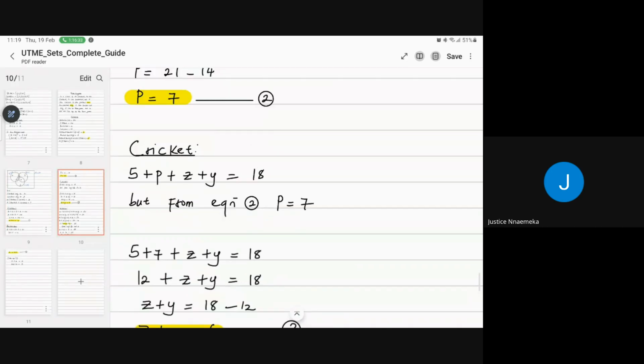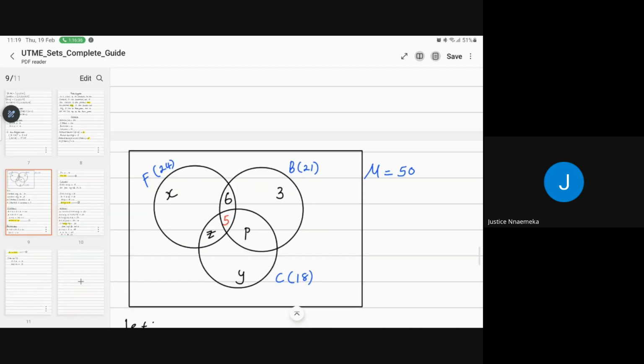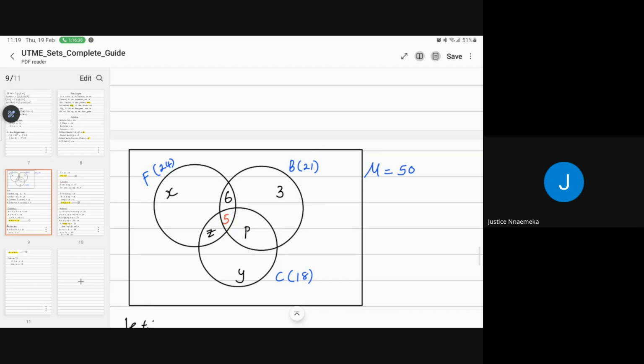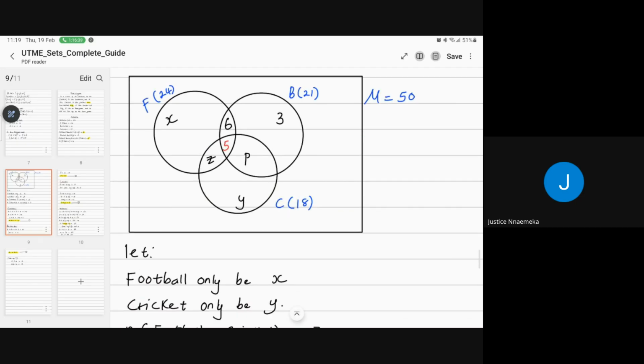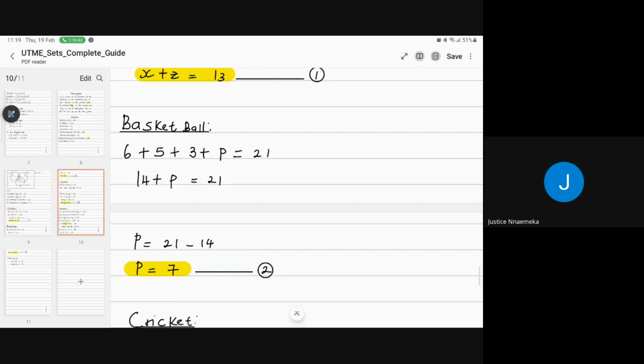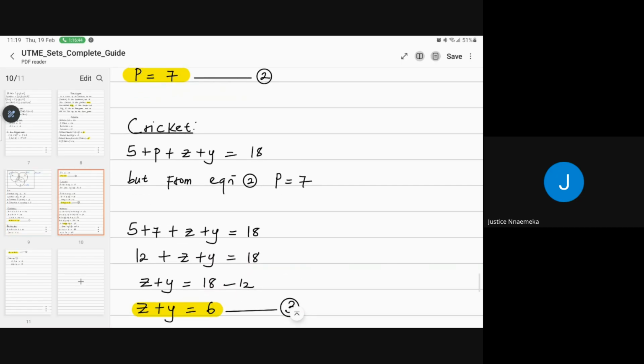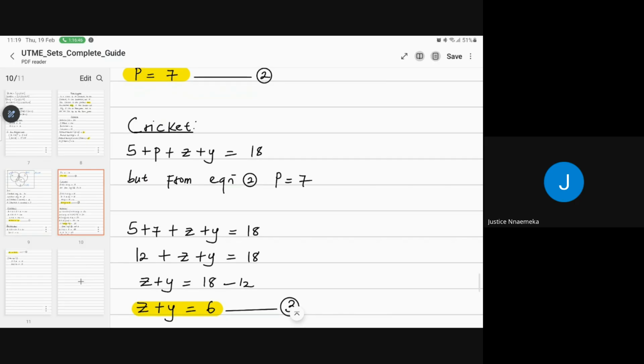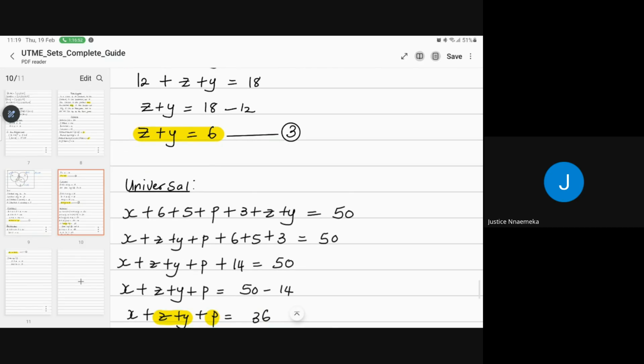Yes. So cricket is 5 plus p plus z plus y, which is equal to 18. We'll plug the value of p. So 5 plus 7 is 12. Yes, 18 minus 12 is equal to 6. Makes sense.